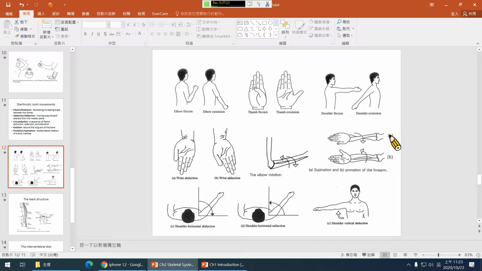This is actually B, not A. And this is A, not B. So the top one here is pronation. Pronation. Okay? The bottom one here is the supination. Supination.